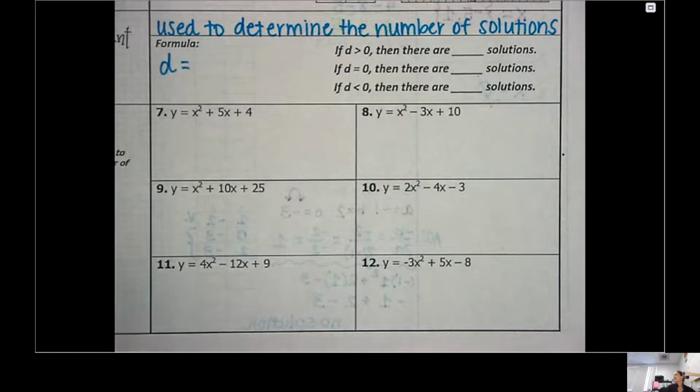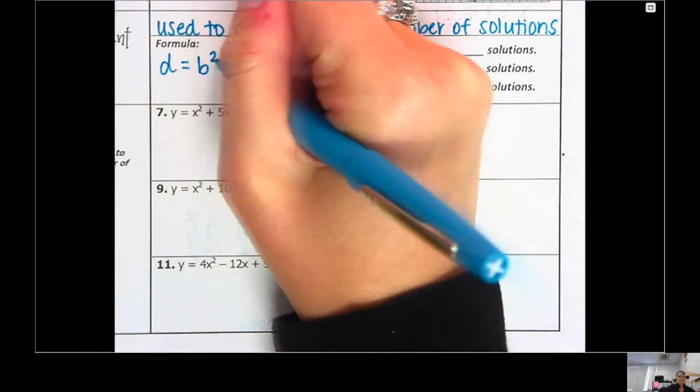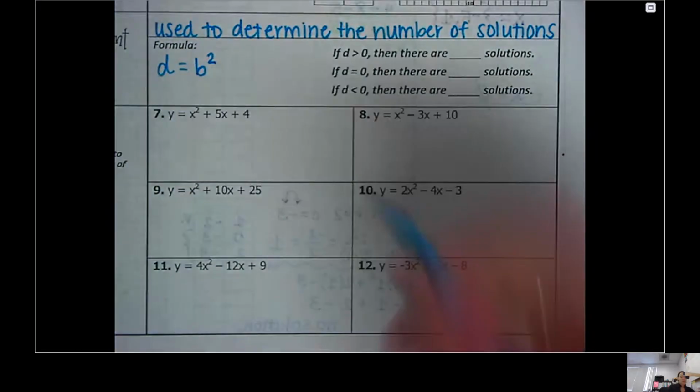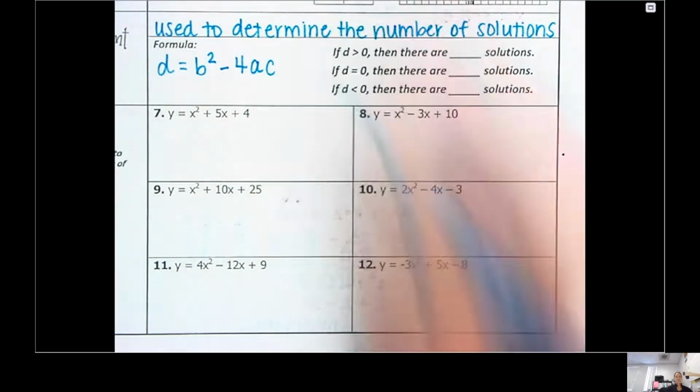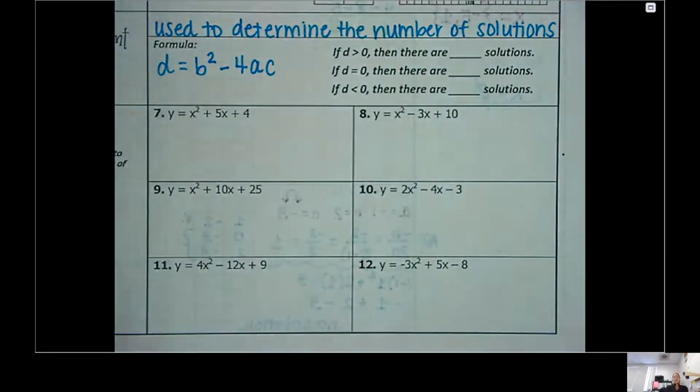Discriminant. Say it again. Discriminant. There you go. Okay. The formula looks like this. B squared minus 4AC.